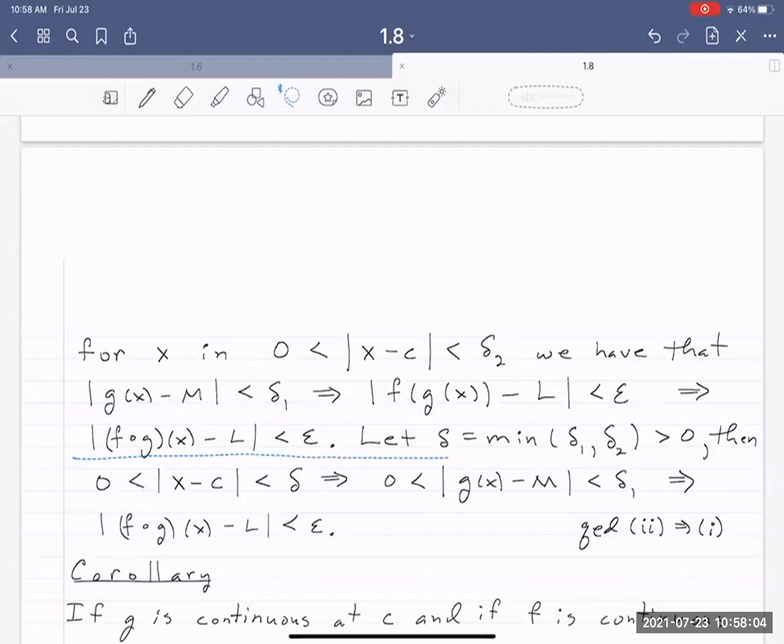And so f composed with g at x minus L in absolute value is less than epsilon. Let delta equal the minimum of delta 1 and delta 2. Of course, each of those are greater than 0, so delta is greater than 0. Then x minus c in absolute value between 0 and delta implies that g of x minus m in absolute value is between 0 and delta 1, which implies that f composed with g at x minus L in absolute value is less than epsilon. So I've proven what I wanted to prove.